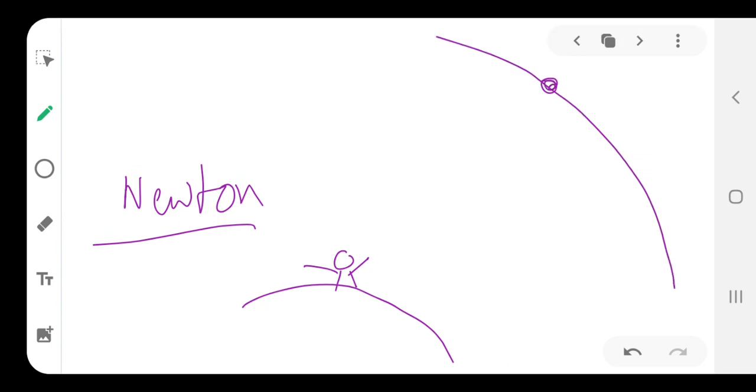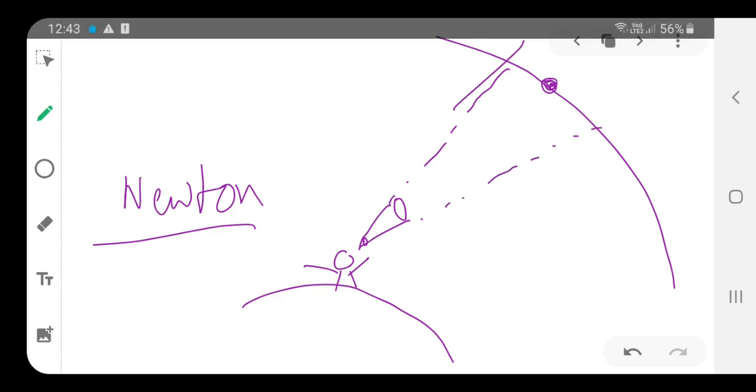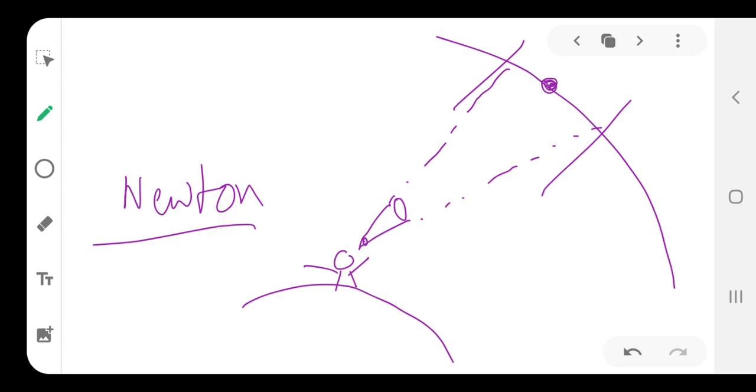So he made a telescope, and he used to see the motion of a comet in some interval of time. But he could see only a portion of its path, so he was not able to understand the whole path itself.